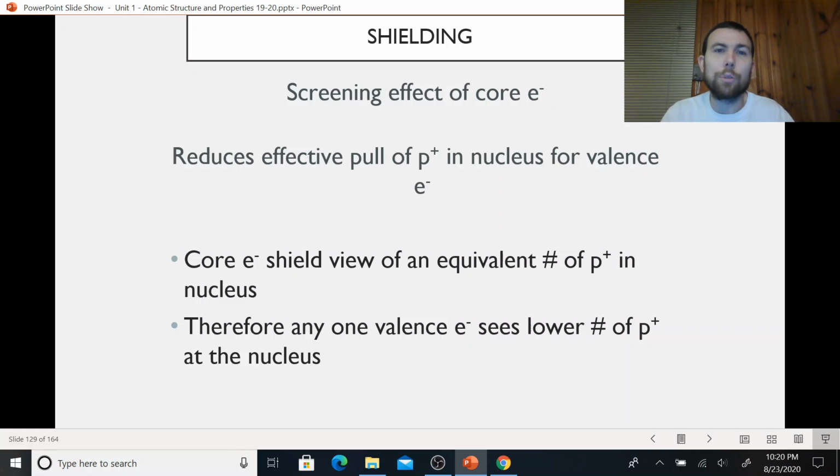Because essentially those core electrons are going to prevent that particular pull, because the repulsions of the electrons try to balance out the pull of the protons. Hope that makes sense. You've got this idea of shielding, where the protons are being shielded by the core electrons. So that prevents the valence electrons from interacting with the nucleus.